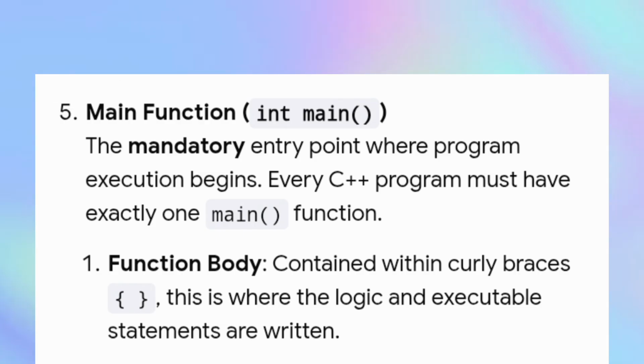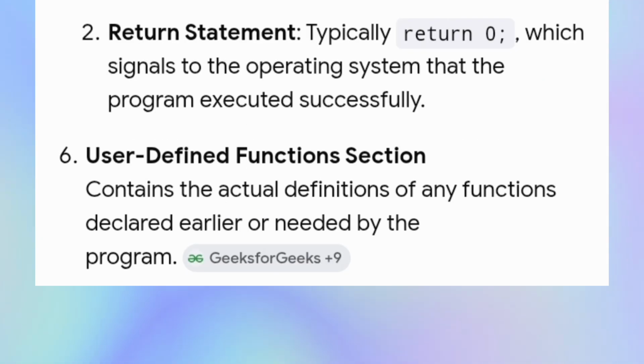Every opened curly brace needs to be closed; the braces indicate the body of the statements. Return statement: typically return 0, which signals to the operating system that the program executed successfully. The user defined function section contains the actual definitions of any functions declared and needed by the program.